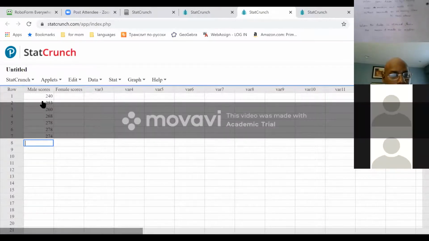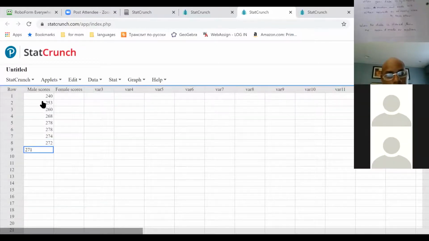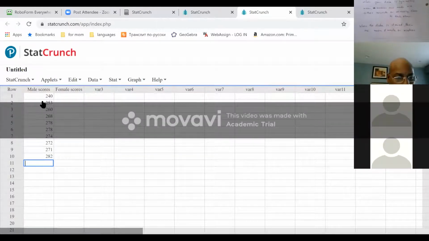It doesn't have to be from smallest to largest, because the software will sort it by itself. And plus, you're just getting the average, right?